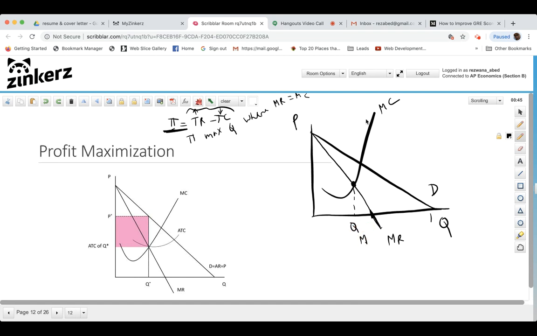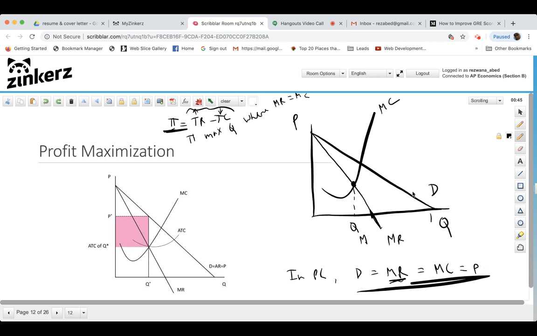Now, with perfect competition, it's very easy. Demand is equal to marginal revenue, which is also equal to marginal cost. It's equal to price. They're all equal to each other. So it's different with monopoly, because the price is not the same as the marginal revenue.